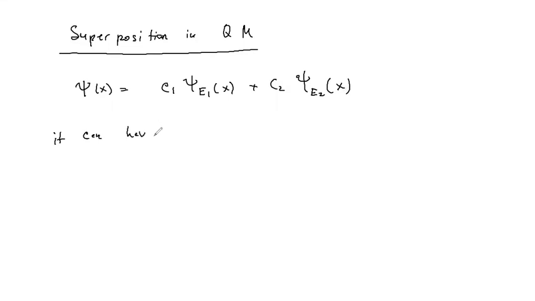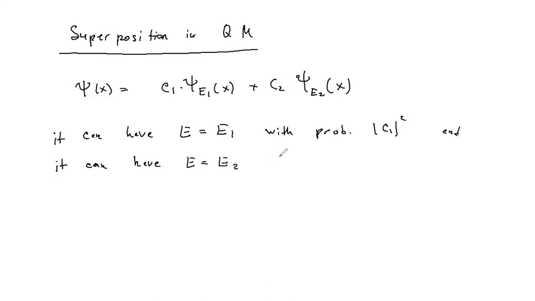It can have energy equal to E1, because you can find your system in this state, but with some probability. And it can be in another state. It can have energy equal to E2 with some probability.